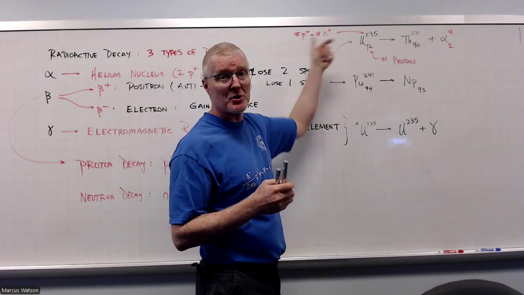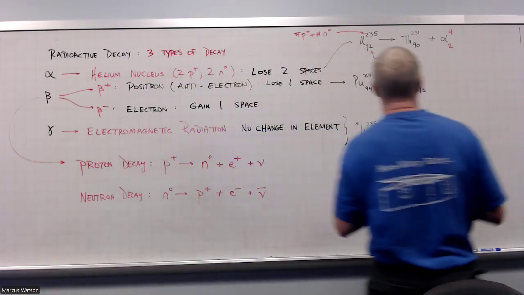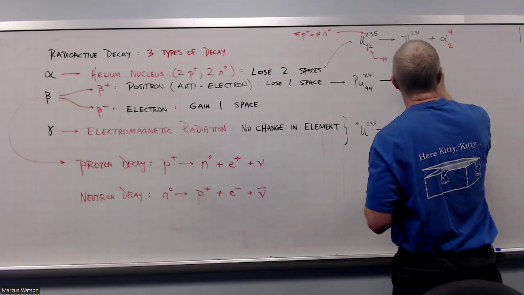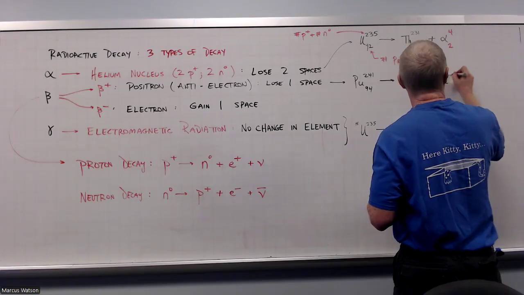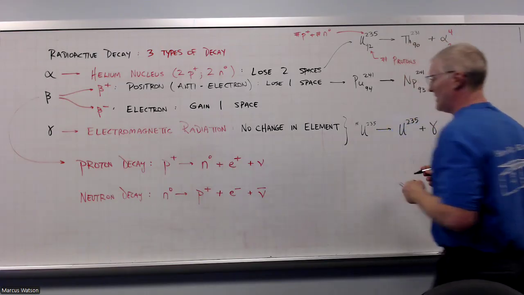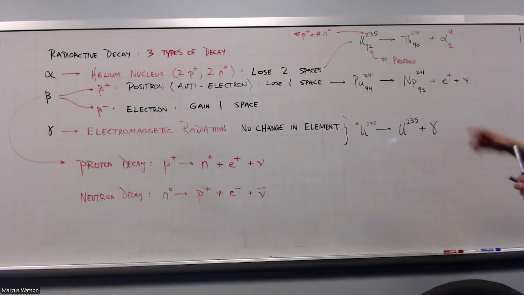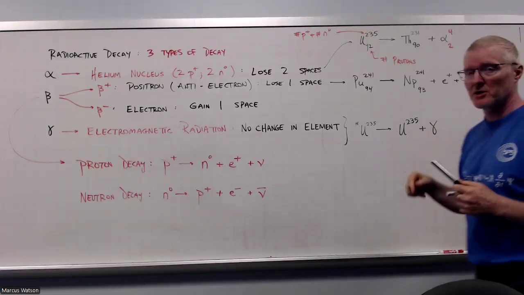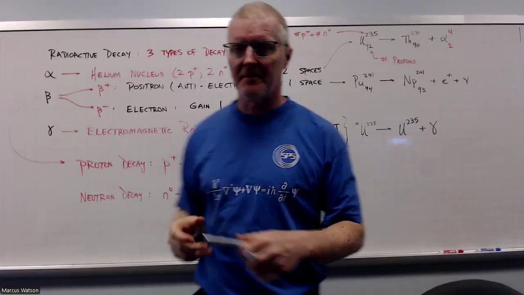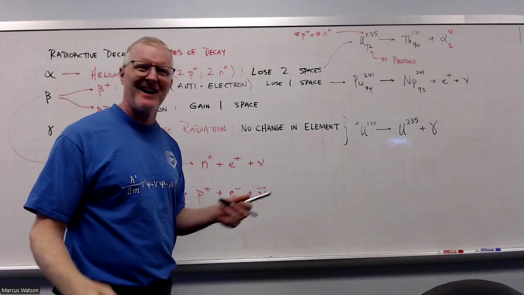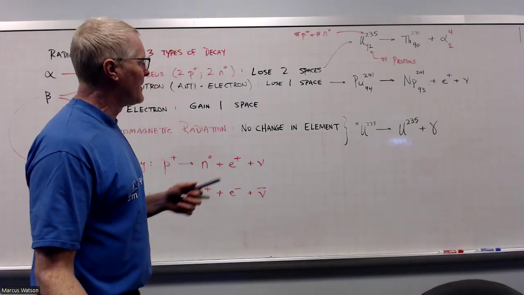So this number doesn't actually change. This number is still 241. And then you're just going to say it's going to be plus that plus this. Because this is the positron that gets kicked out here due to charge conservation, and then that's the neutrino that goes along with the whole shebang. And whether or not you put that in, I'm not really too worried about it.